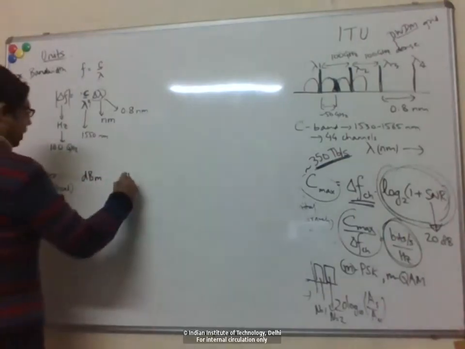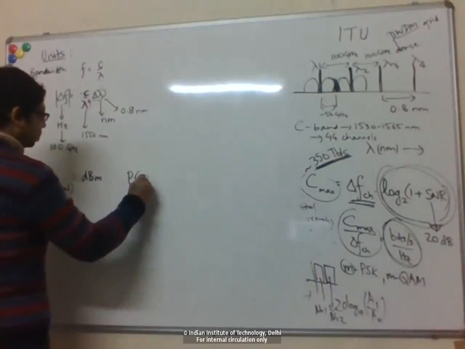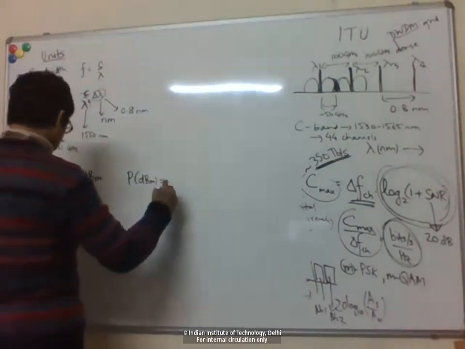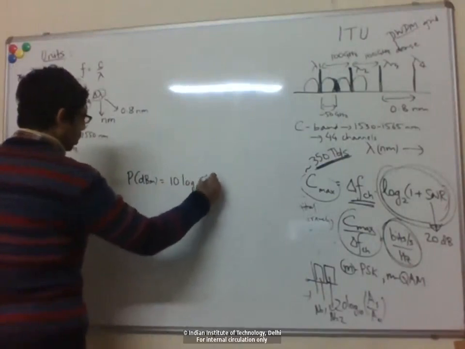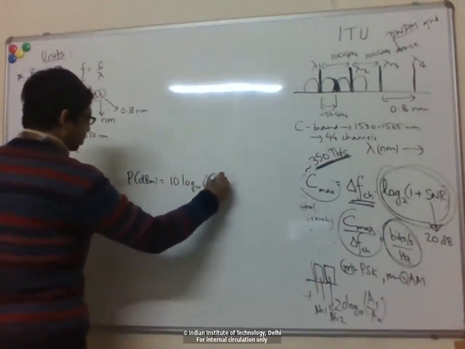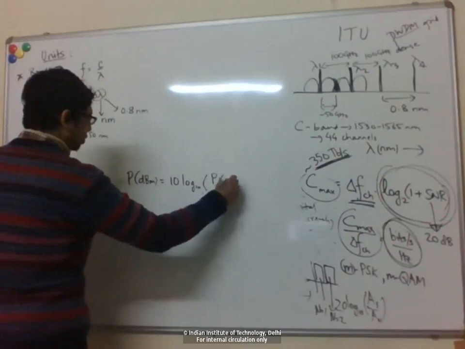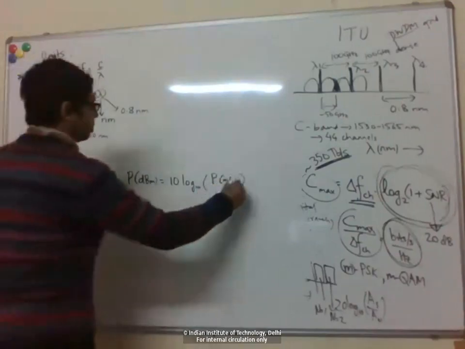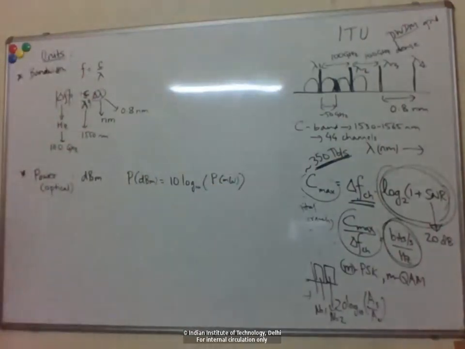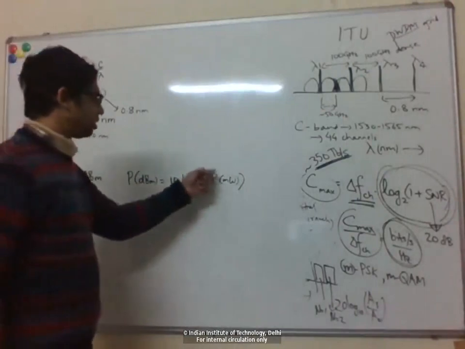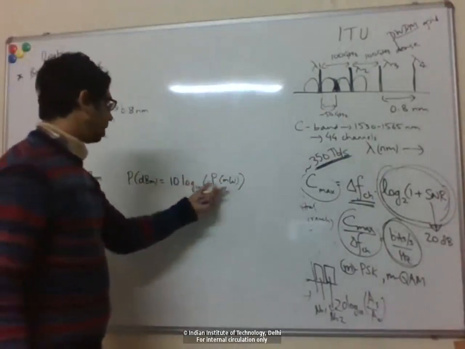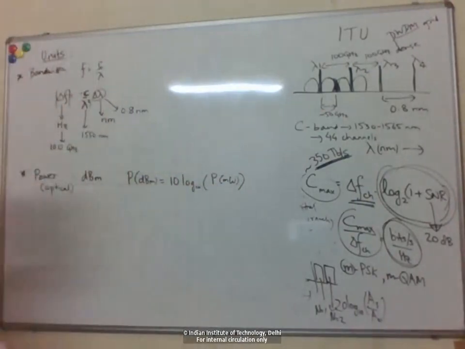Okay, so basically the power in dBm is the decibel, which is 10 log 10, of the power in milliwatt. Or equivalently you divide the power you have by 1 milliwatt and then take the decibel.